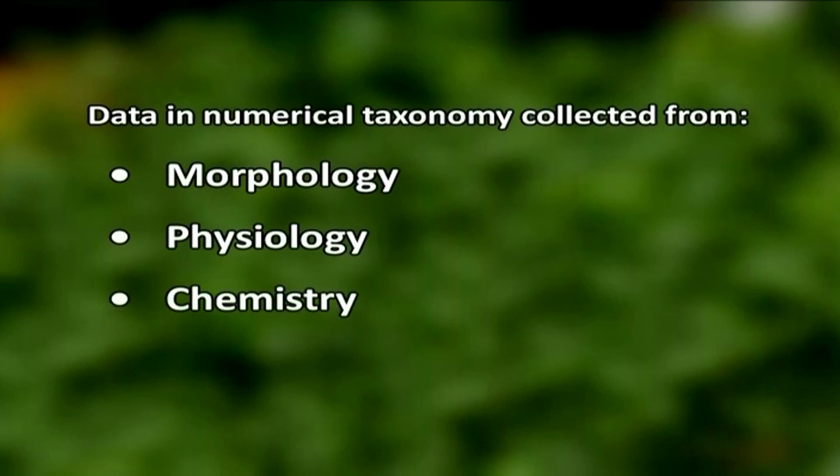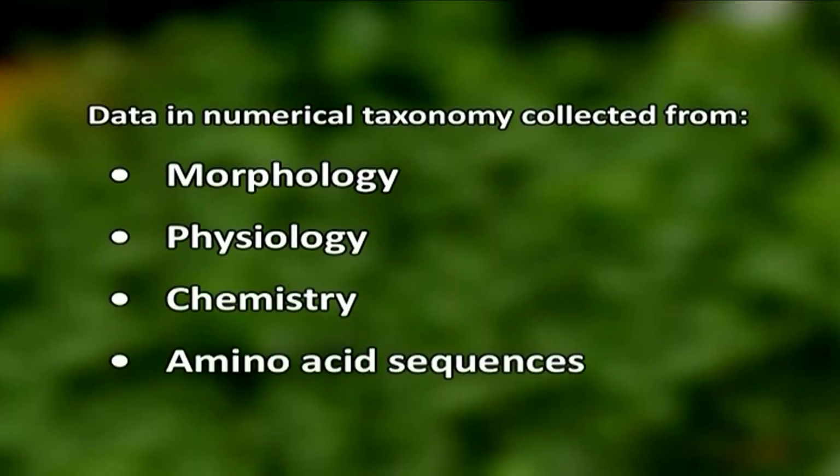It necessitates careful consideration of characters and states in their selection, coding and scaling, so there are no missing pieces of information. The data in numerical taxonomy are collected from more diverse sources such as morphology, physiology, chemistry and amino acid sequences as compared to the conventional taxonomy.